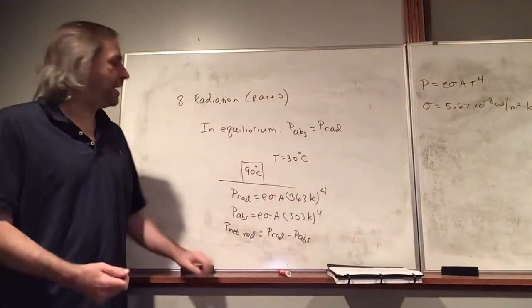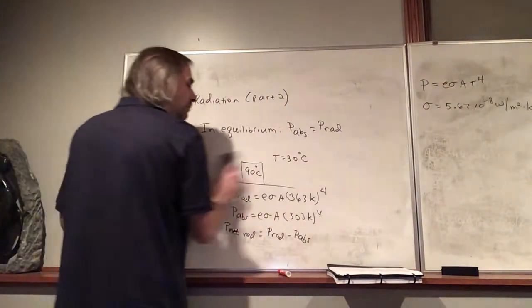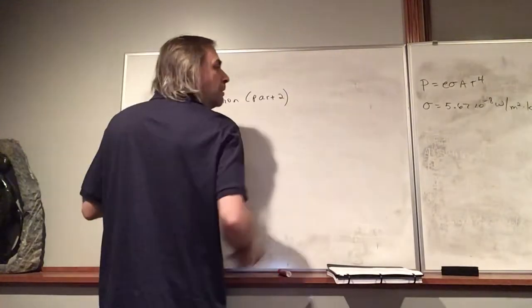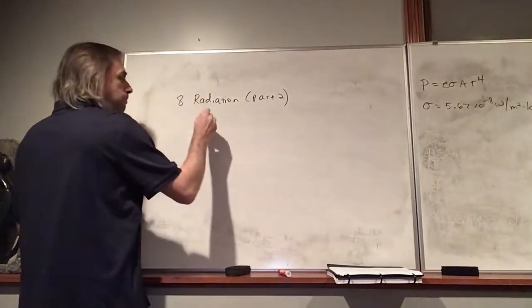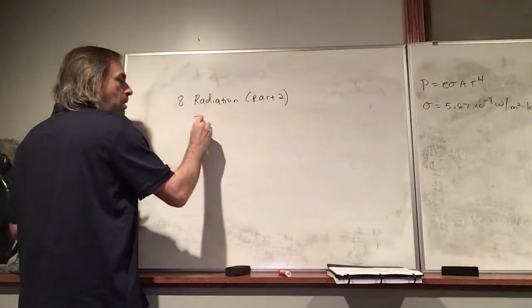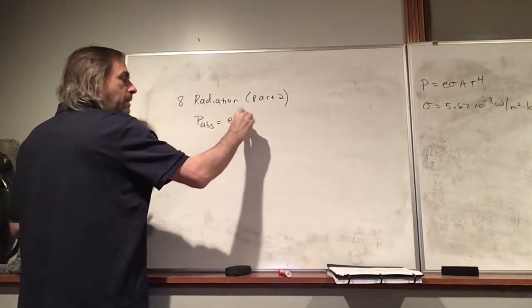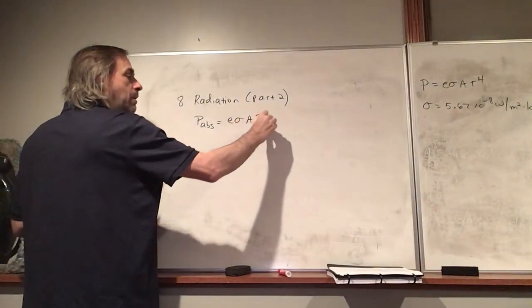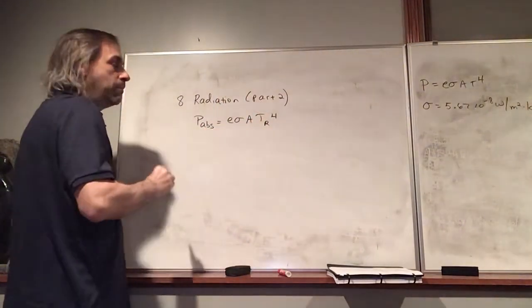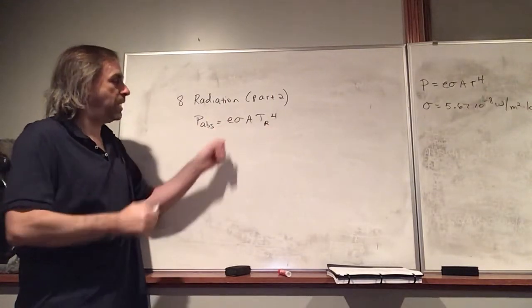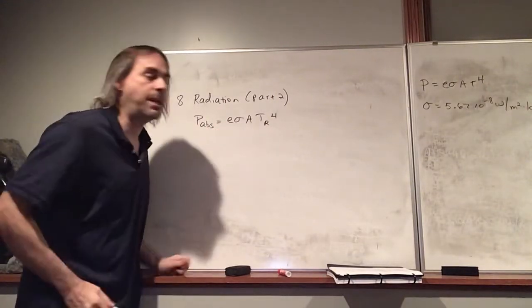Another interesting thing is the power absorbed from the room. We could say this is E sigma A times room temperature to the 4th power. But another factor besides the temperature is the emissivity. So let's say we have two objects.